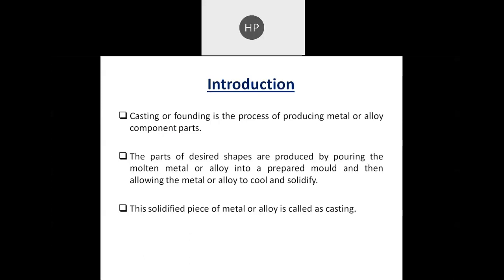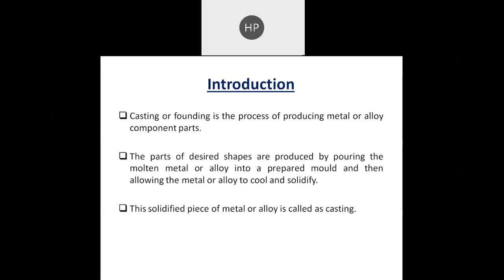Generally it is used to produce metal or alloy components, and parts of desired shapes are produced by pouring the molten metal or alloy into a prepared mold and then allowing it to cool and solidify. So what is the important thing here?